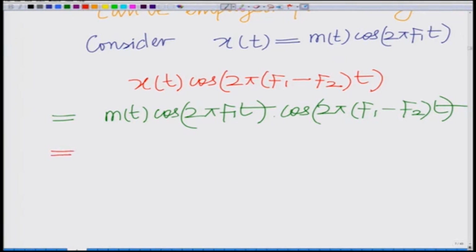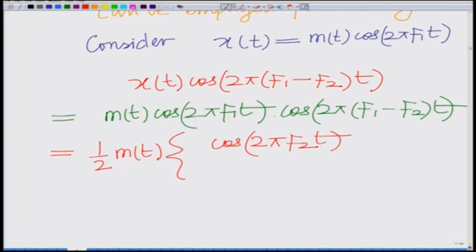What this gives is half m(t) times cosine 2 pi f2 t, minus cosine 2 pi (2 f1 minus f2) t.